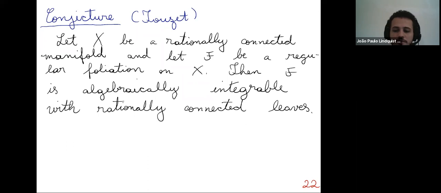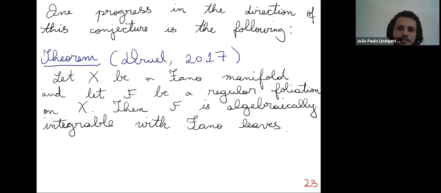And one progress on this conjecture was made recently by Druel. He showed that on Fano manifolds, the conjecture is true. I remind you that Fano manifolds are rationally connected. This is a result by Kollár, Miyaoka, Mori, and independently Campana.